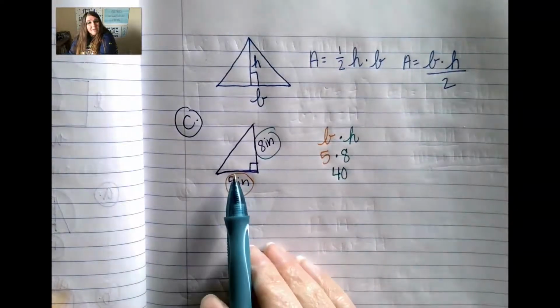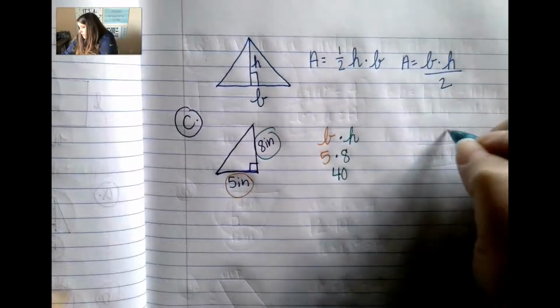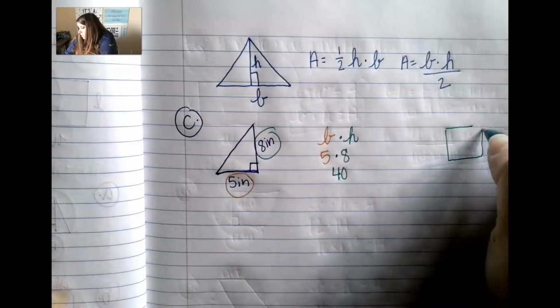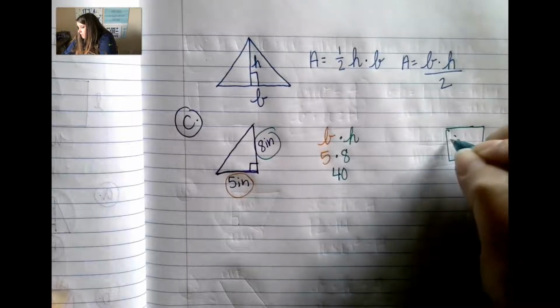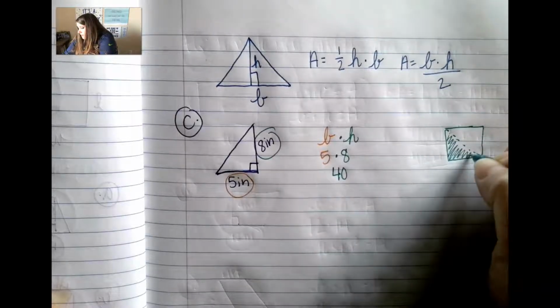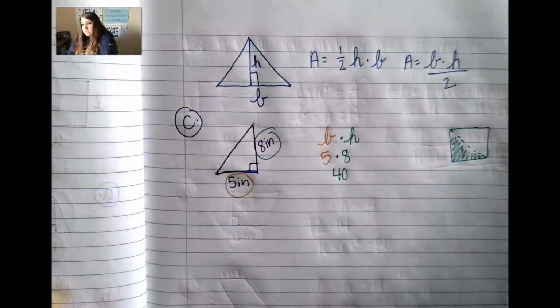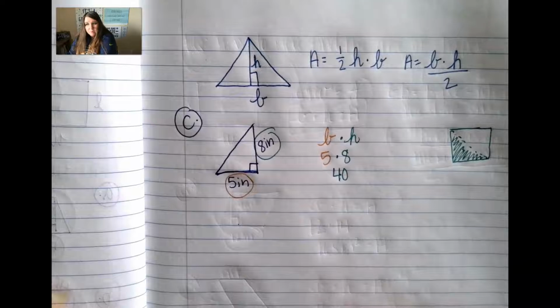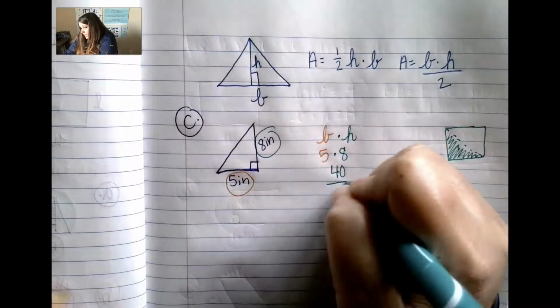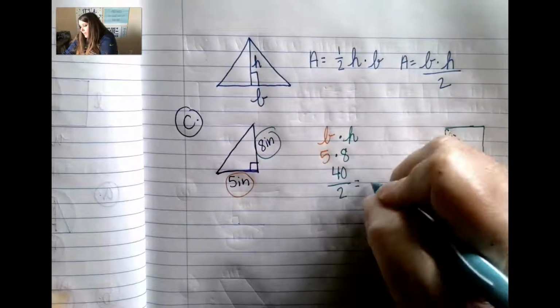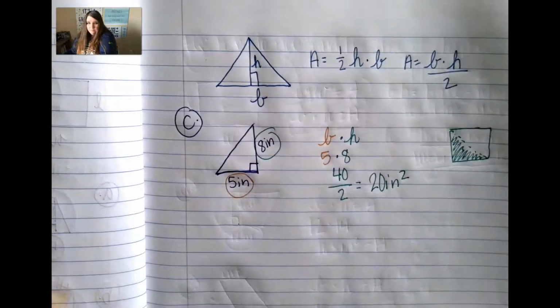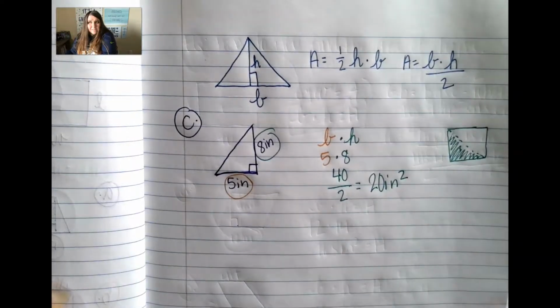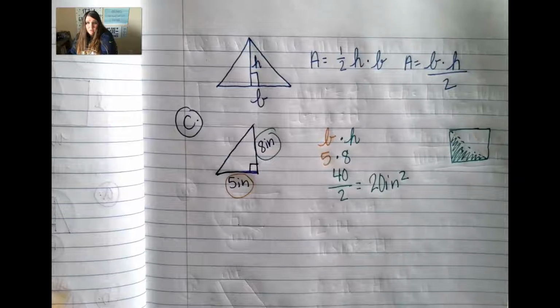But I'm not finding a whole entire square. So instead of finding a whole square, I'm only finding half of it. This half right here. Okay, so I have half of a square. Well, half a square, so I need to cut this in half, and that gives me 20 inches squared, because it's only half.